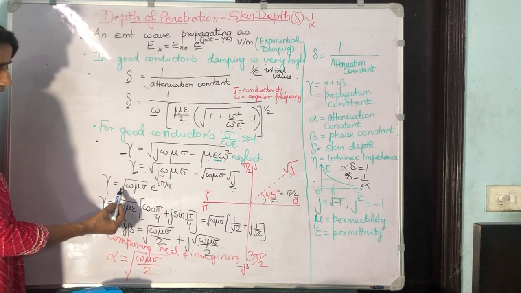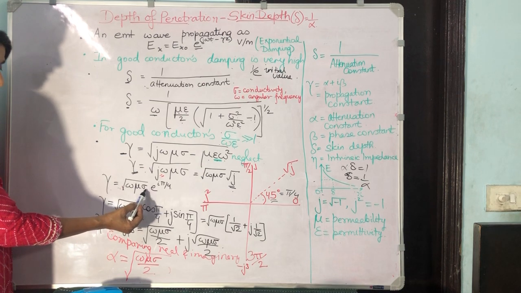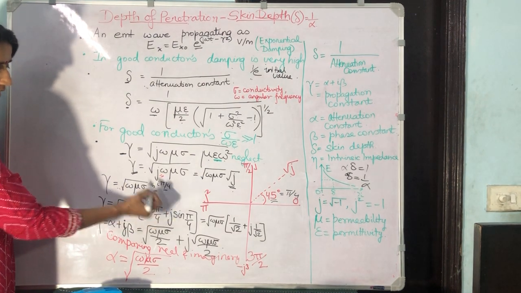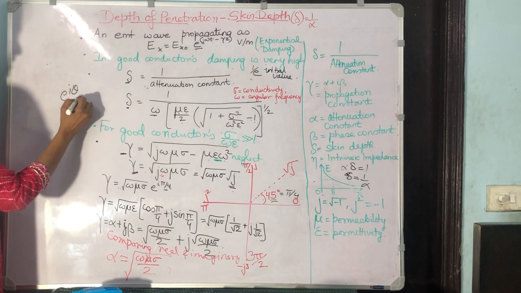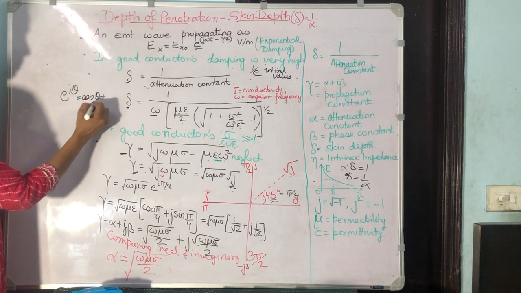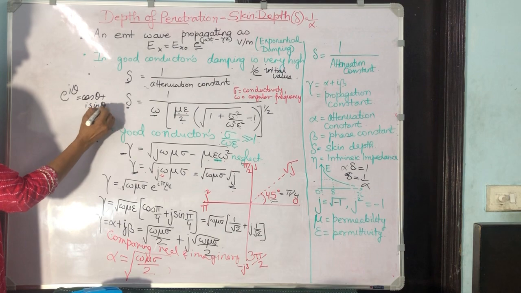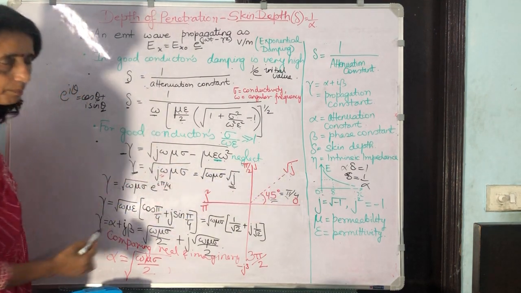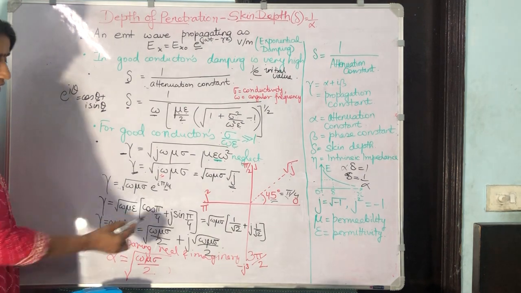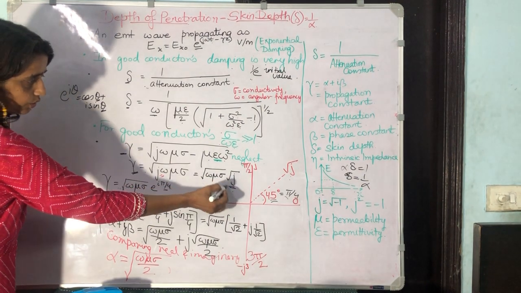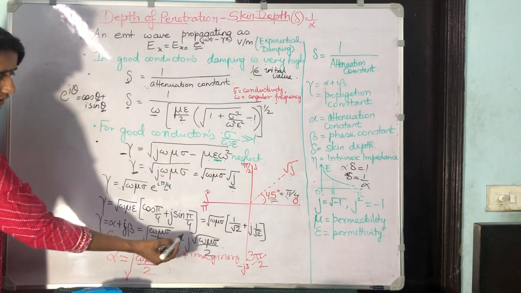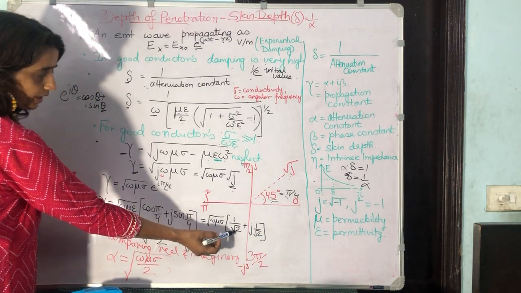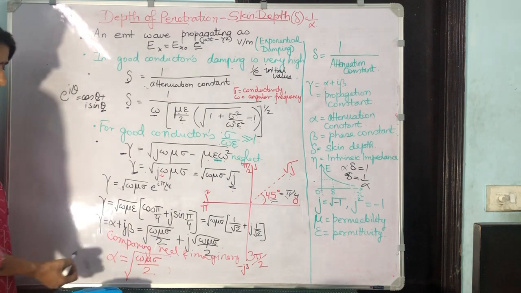So gamma is square root of omega mu sigma times e to the power of j pi by 4, where e to the power of j theta is cos theta plus j sin theta. Theta I will write as pi by 4, because at pi by 4 I get square root of j. Cos pi by 4 and sin pi by 4 are each 1 upon root 2.